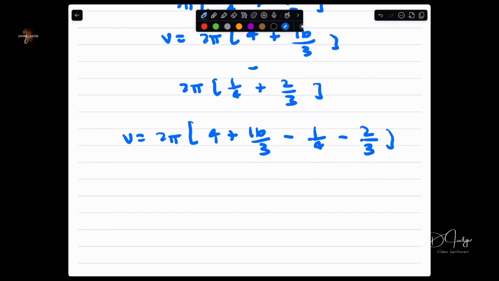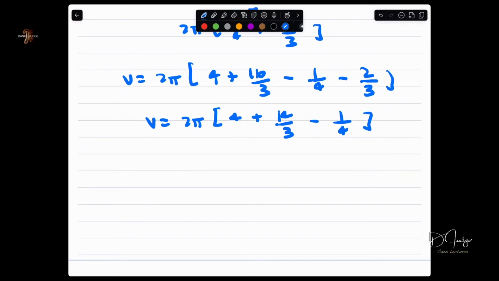That makes it a little simpler: 4 plus 14/3 minus 1/4. Let's see, 16 minus 2 is in fact 14.